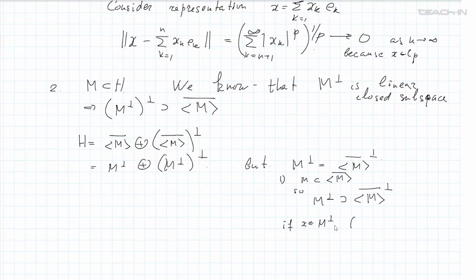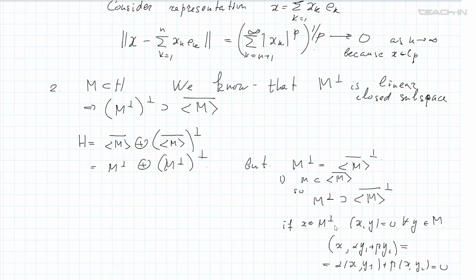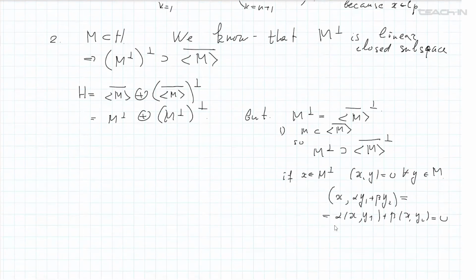It means that x(y) equals 0 for any y in M. But then x(alpha y1 plus beta y2) equals alpha x(y1) plus beta x(y2) equals 0 for any y1, y2 from M. Yes?